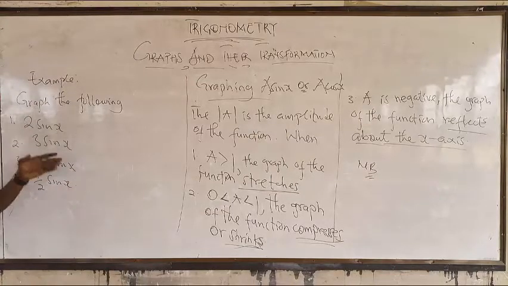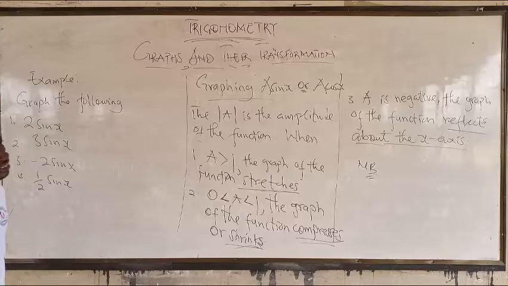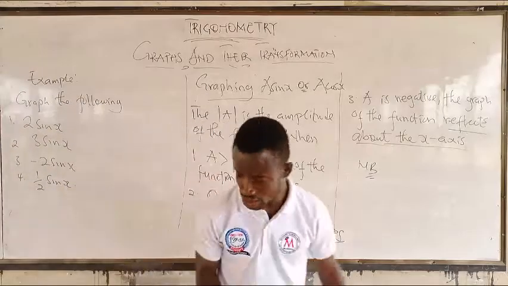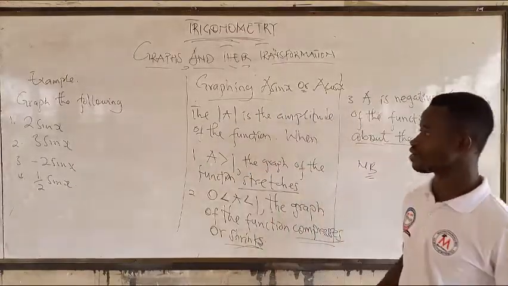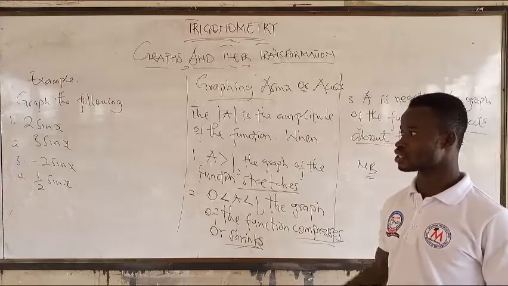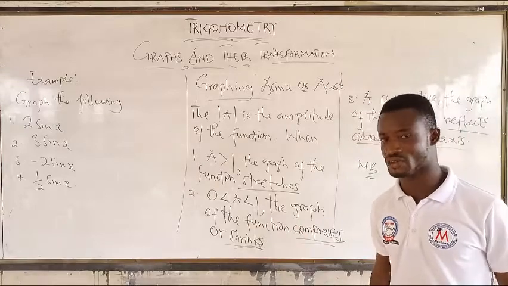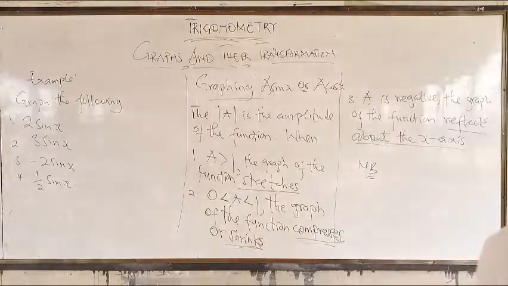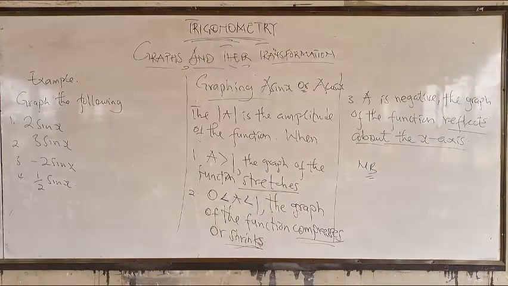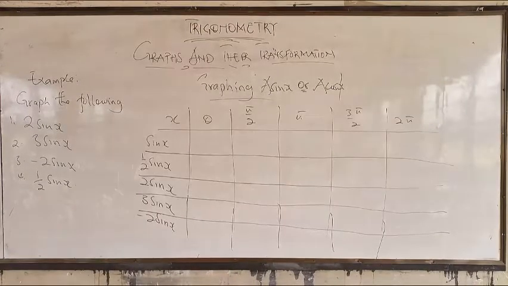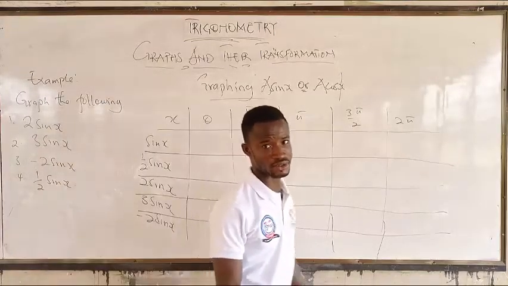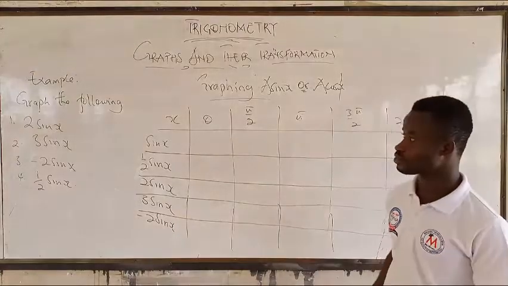Graph the following: 2 sine x, 3 sine x, negative 2 sine x, half sine x. Let's look at the table and talk something about it. You can continue with your own by using the interval of 90 degrees and see what you're going to get. Okay, so make your calculators ready and let's see what you're going to do.